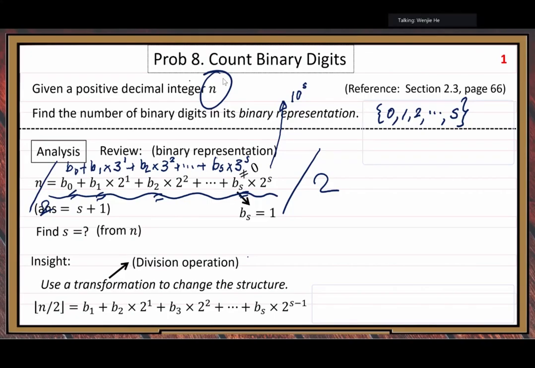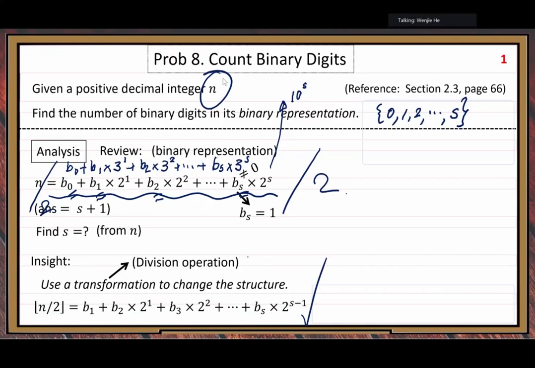Binary representation, but with a similar structure as the original structure. All right. Based on this new representation, what conclusion can you get based on this new formula?